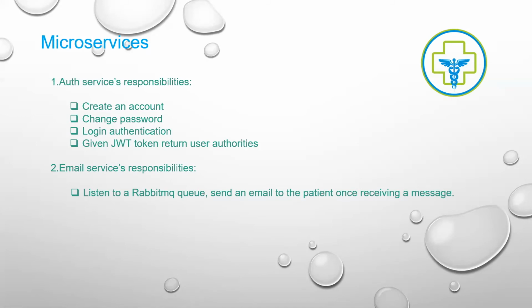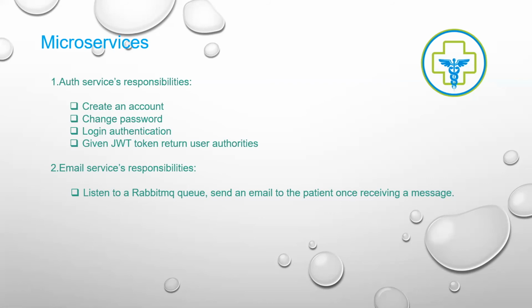In our case, Authentication Service for authenticating user credentials, Booking Service for managing appointment booking, and Email Service for sending confirmation email. In Authentication Service, we enable the users to create an account, change password, authenticate their login credentials, and verify the user authorities using the JWT token.